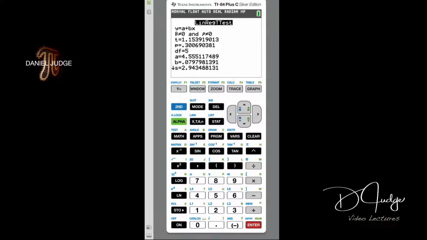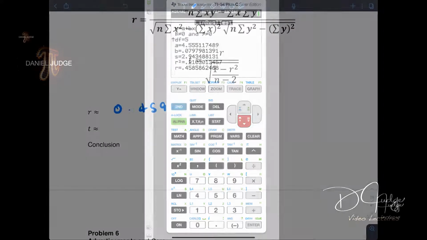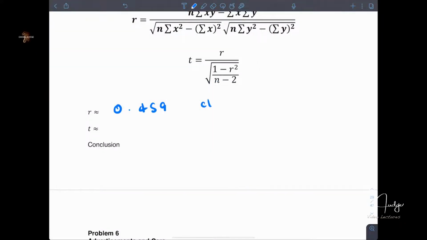So take a look. I'm going to scroll down here. Take a look at the R value, right? R here is 0.459. Now that's actually closer to 0 than it is to positive 1. Because 0.5 is like the halfway point.